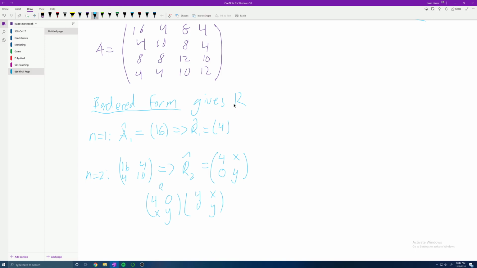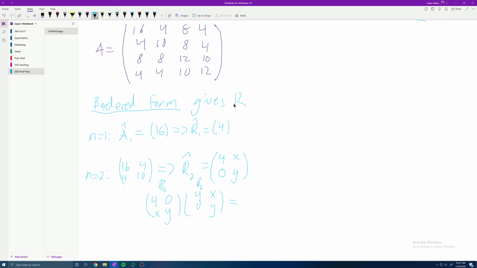So this is R2 hat T, and this is R2 hat. That should give us A hat 2, if that makes sense. So that means that we know A hat 2 is 16, 4, 4, 10.